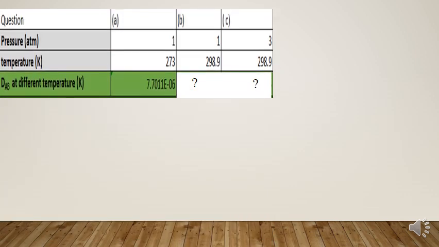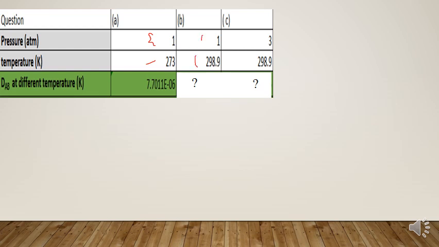From the previous slide, we already determined the DAB for the condition listed in A, where the condition required for A is 1 atm and temperature 273 Kelvin. For the condition needed in question B, it is 1 atm and temperature 289.